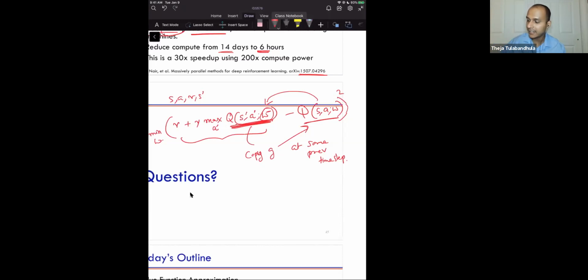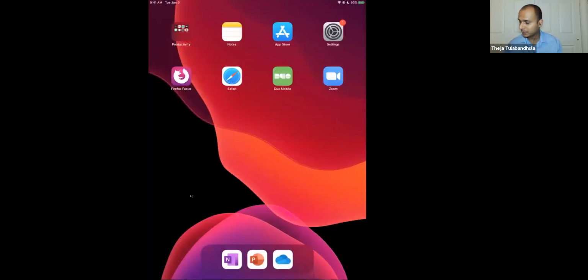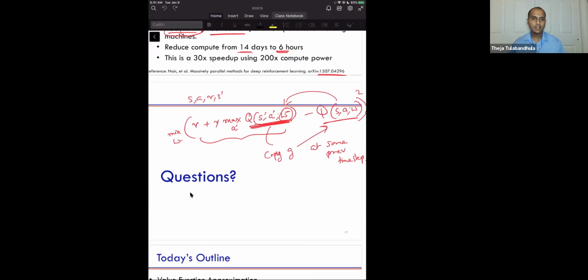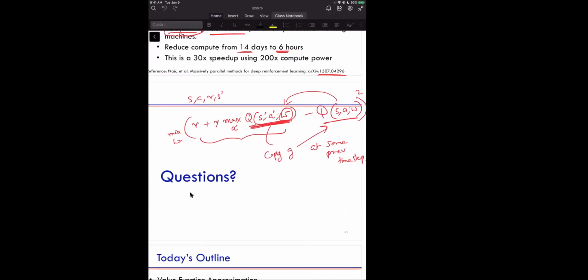So it's like trailing fixed values, something that you remember from before. But the backprop part happens in the other network.